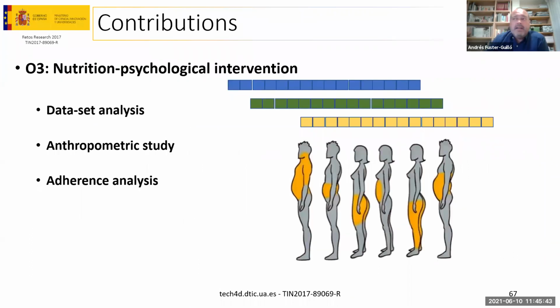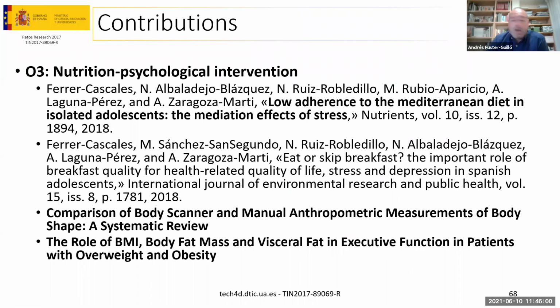And finally, now we are working in the last part of the project. This is the nutrition and psychological intervention, and we are working on the analysis of the data set, the anthropometric study, and the adherence analysis. We are working now on these publications.